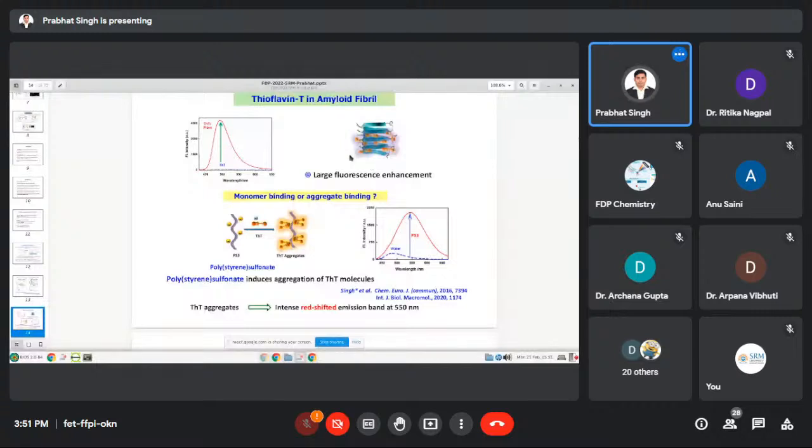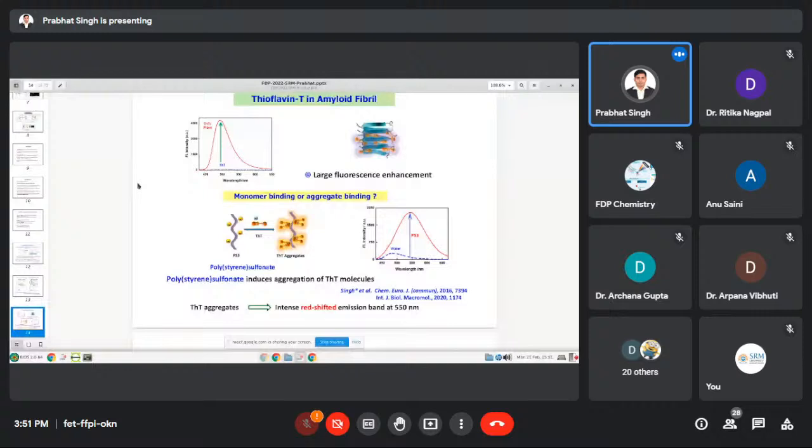It's a gold standard. Maybe some 40 years back it was discovered that this molecule gives strong emission response in amyloid fibrils. And since then, any new molecule you develop for amyloid fibril detection, you will have to compare it with thioflavin T, because that's considered the gold standard in some sense.